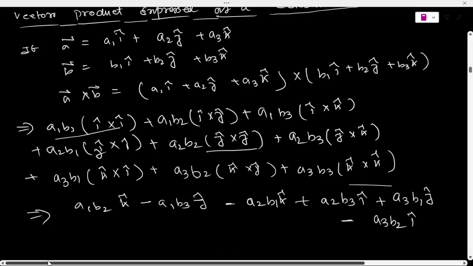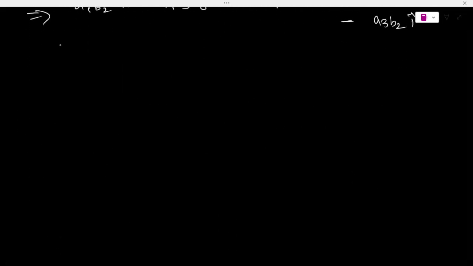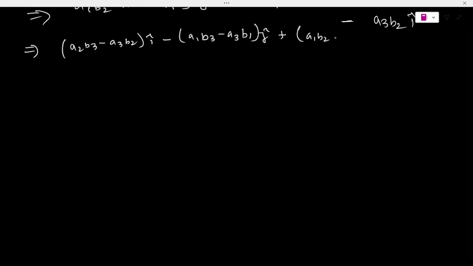So after that, what will come out? So let's say (a2 b3 minus a3 b2) I cap minus (a1 b3 minus a3 b1) j cap plus (a1 b2 minus a2 b1) k cap.